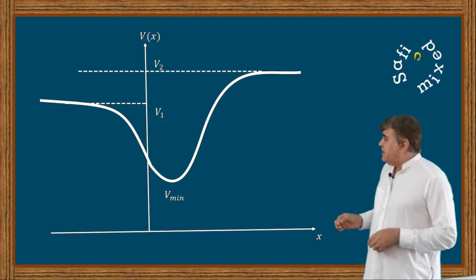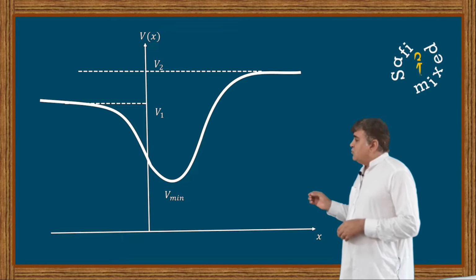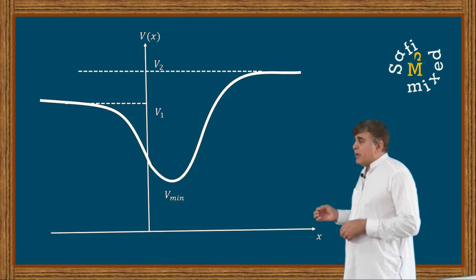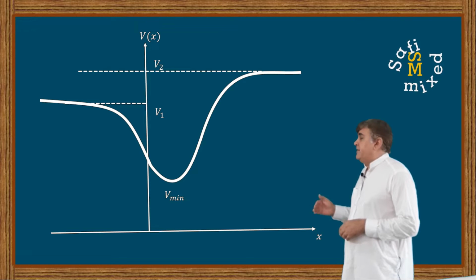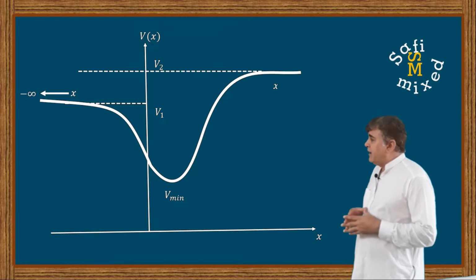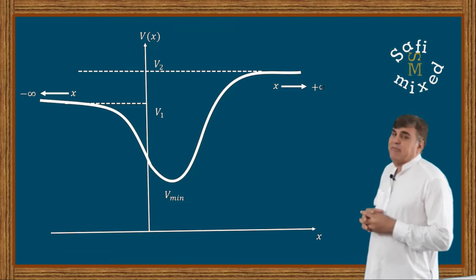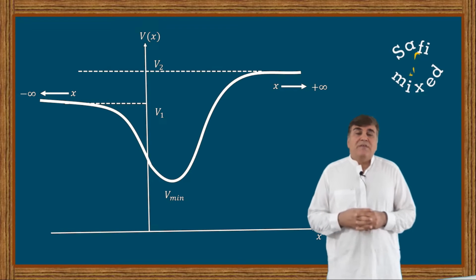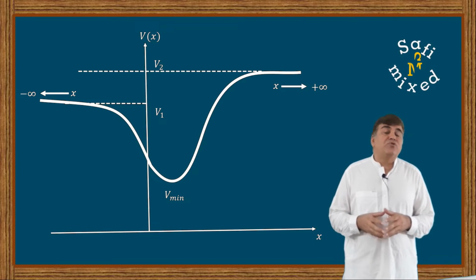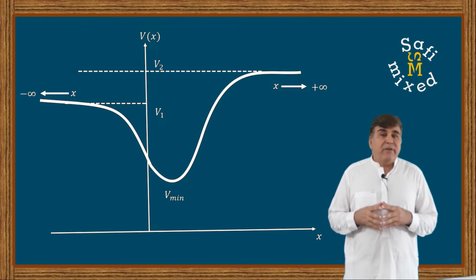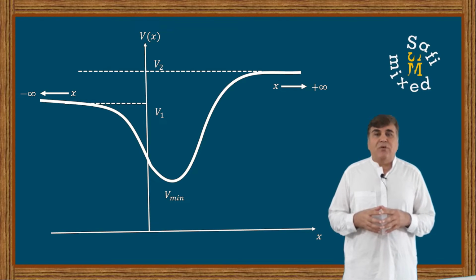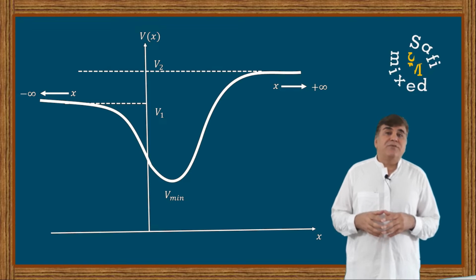It means that at x equals plus or minus infinity, the potential has fixed values: V1 at x equals minus infinity and V2 at x equals plus infinity. Since V is independent of time, the solutions to the Schrodinger wave equation for different choices of this potential are stationary state solutions.